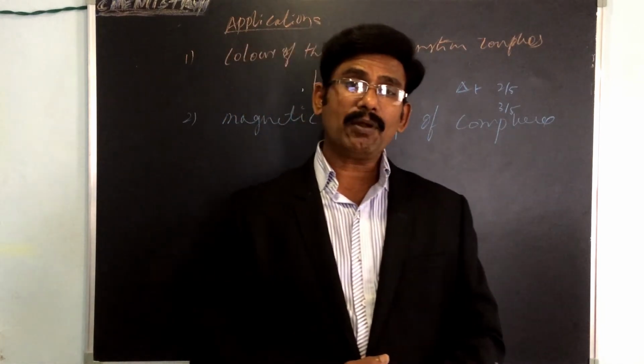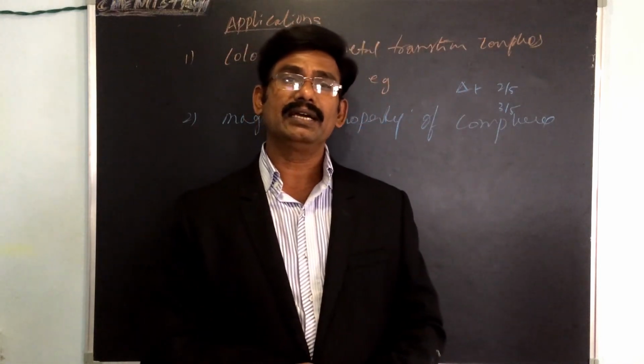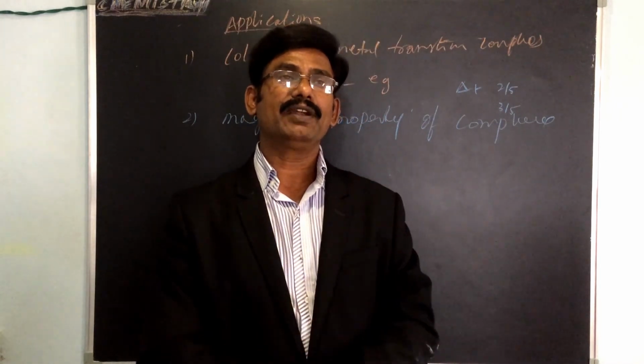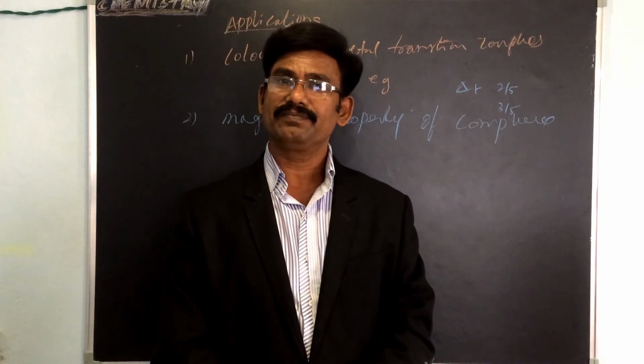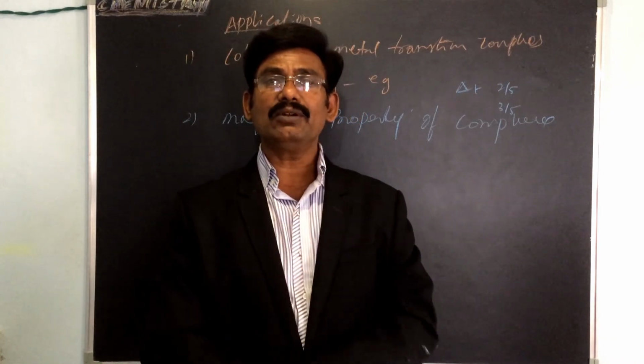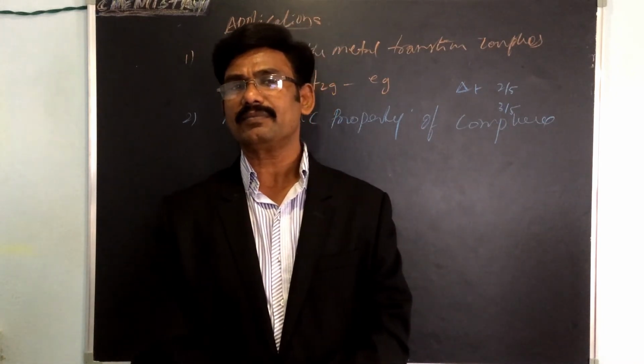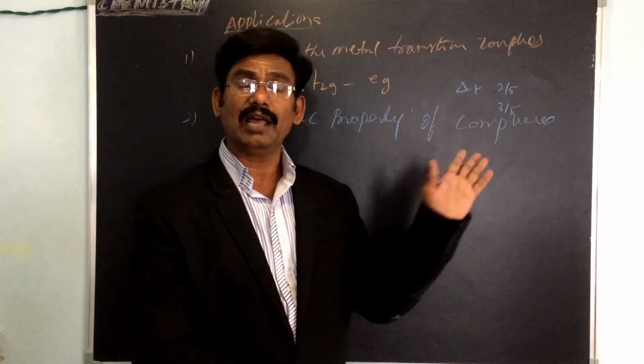So magnetic property and color property are very important in predicting the different types of molecules and shapes of transition metal complexes, based on the splitting of d orbitals.